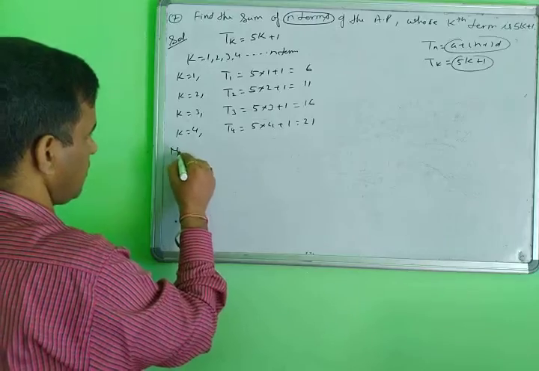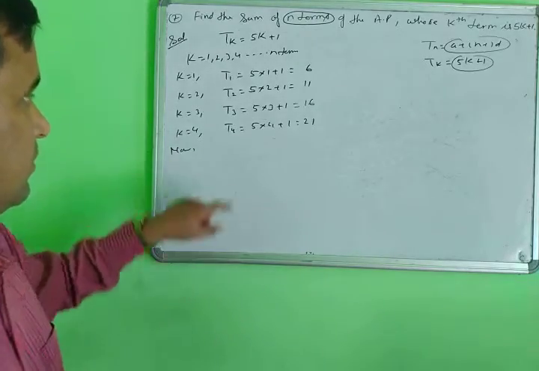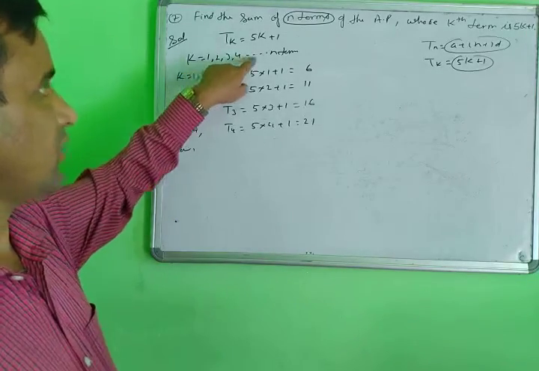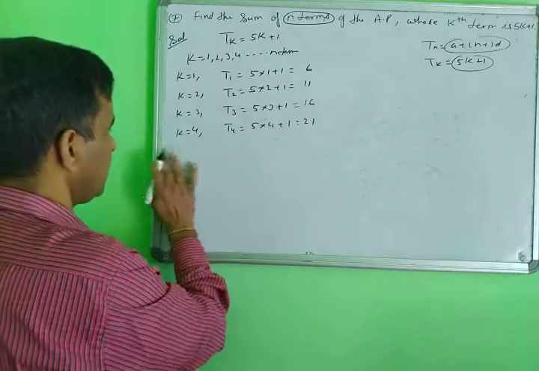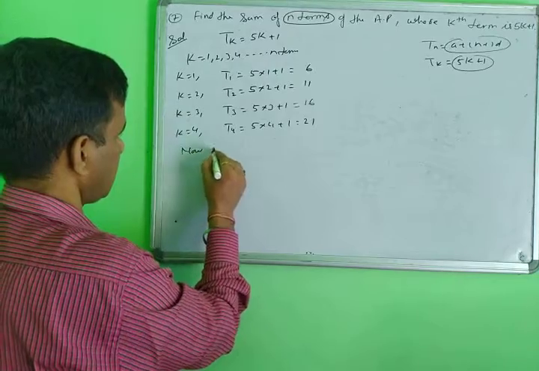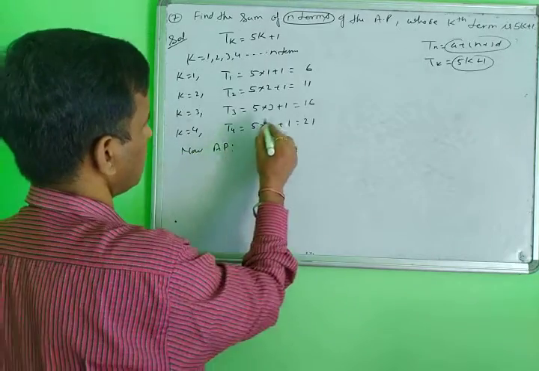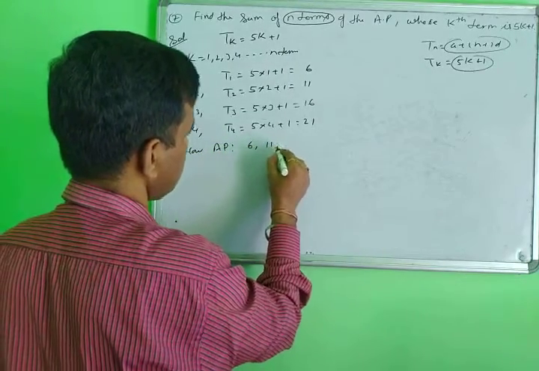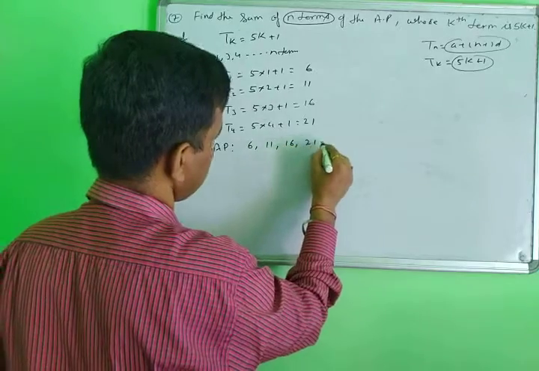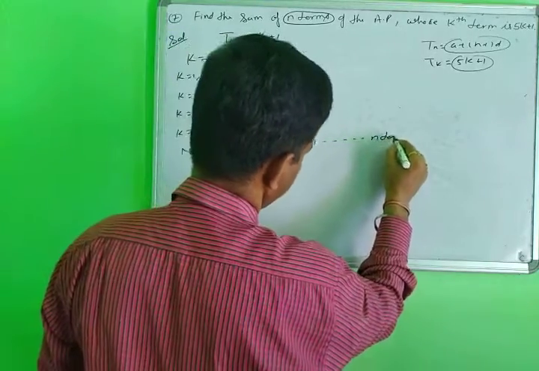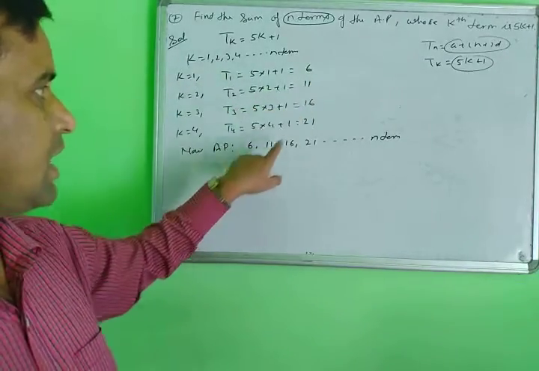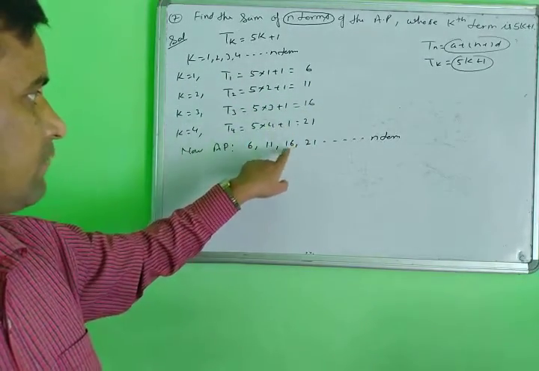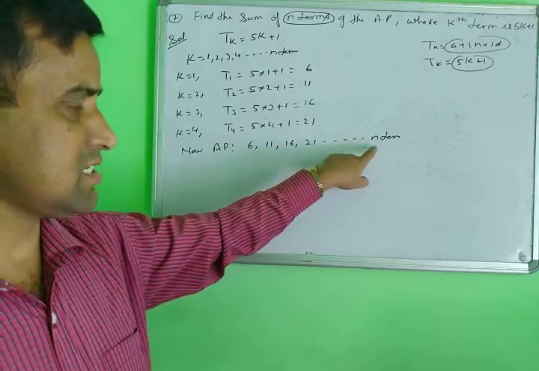So now, if you keep putting 4, 5, 6, 7, the AP will be formed. Now your AP is formed here. First term is 6, second term is 11, third term 16, fourth term 21, and so on up to the n terms.